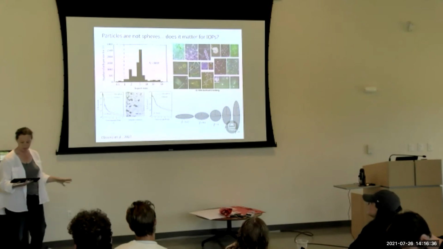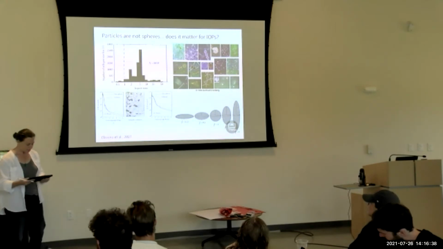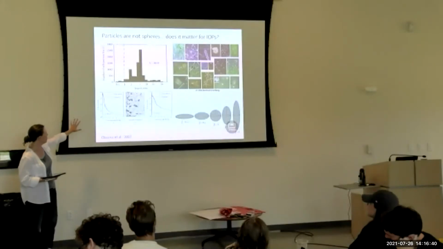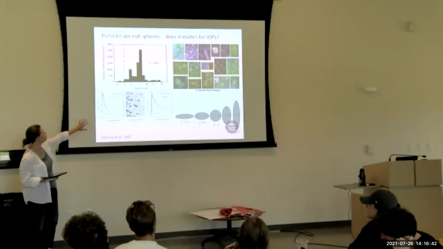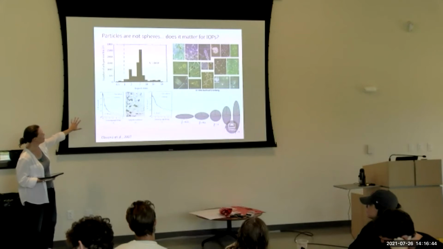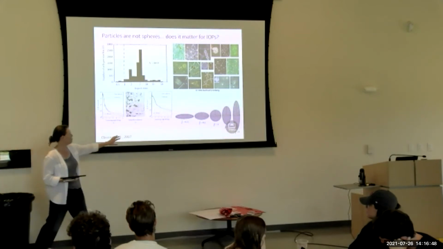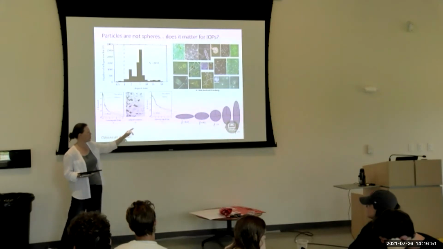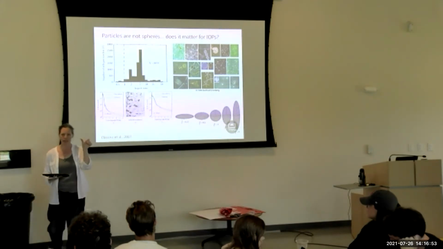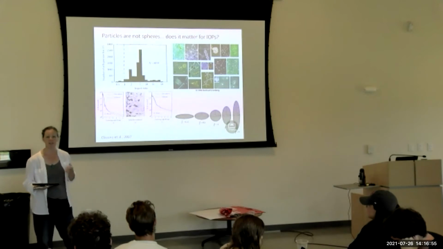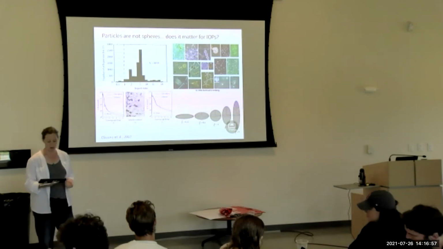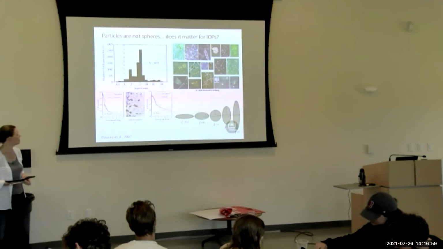This was published in a different paper, and is showing that most of the particles present in this particular large sample set were measured for aspect ratio, basically the non-sphericity of the particles.